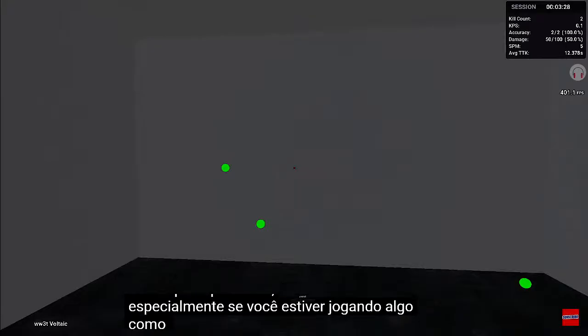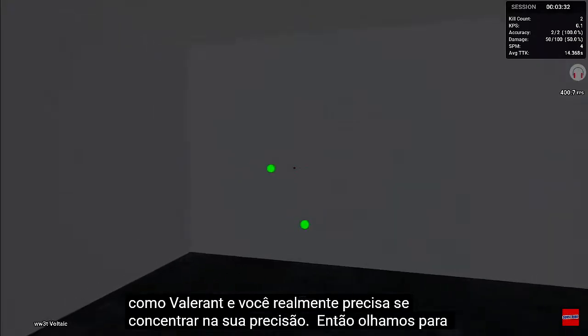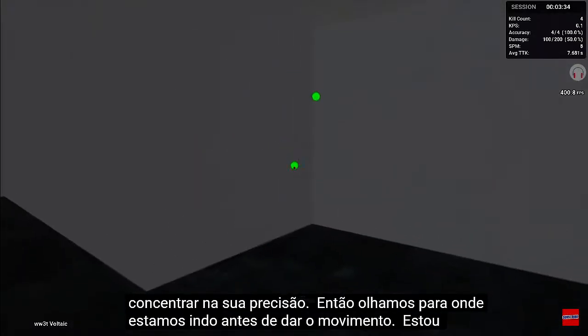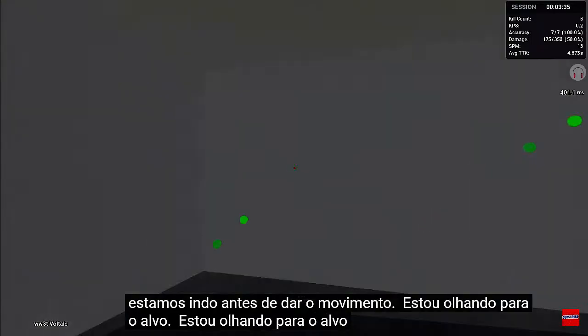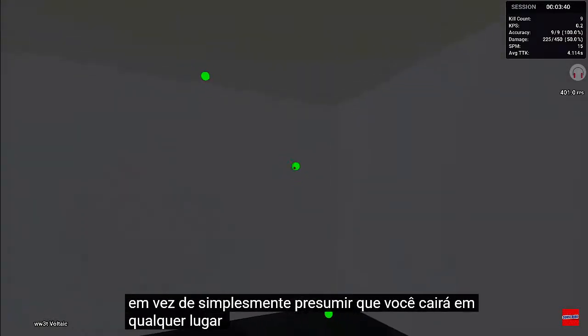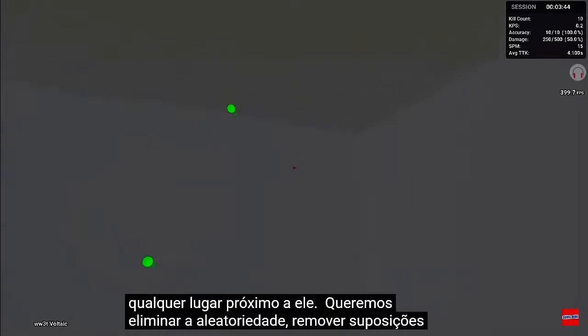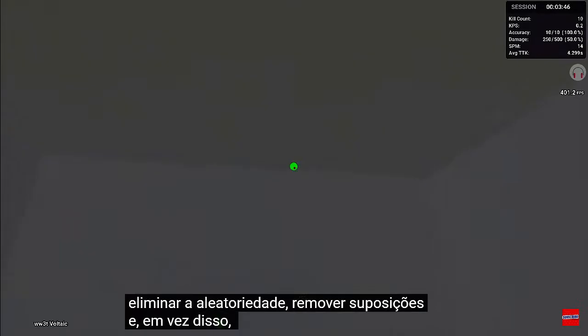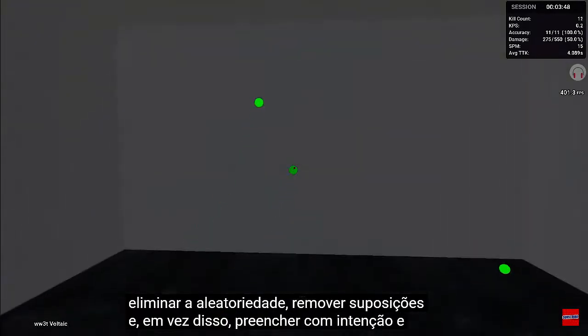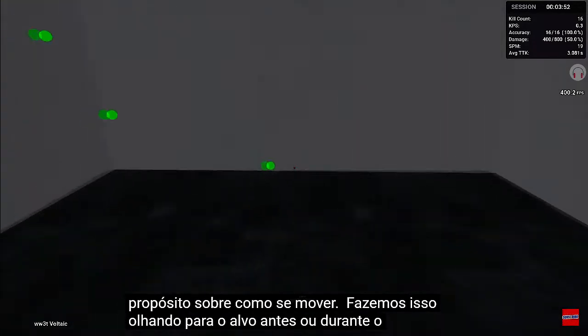Especially if you're playing something like Valorant and you really need to focus on your accuracy. So we look where we're going before flicking. I'm looking at the target, instead of just assuming you will land anywhere near the target. We want to remove randomness, remove assumptions, and instead fill it with intent and purpose on how to move. We do that by looking at the target before or during mouse movement.